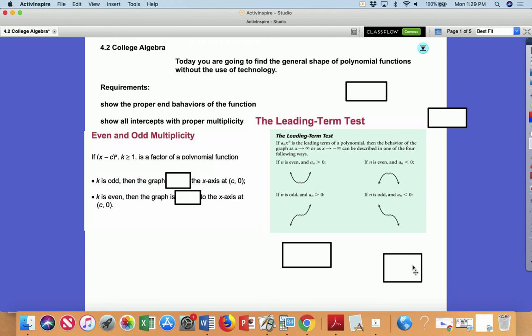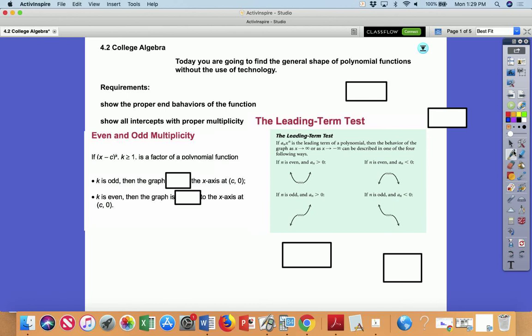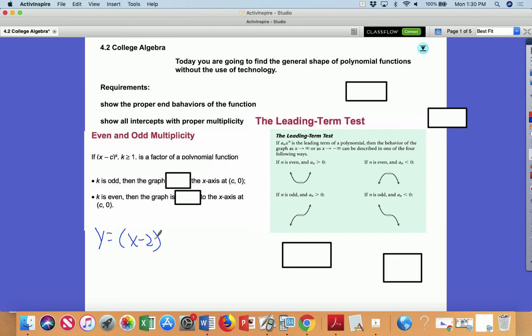So you've got to have the proper end behaviors. How about this? What if we have a function that is factored? Let's say we had something factored like this, with this factor to a power and this factor to a power. You should know what happens at an x-intercept of 2 and at an x-intercept of 3. What happens when that power is odd like this?